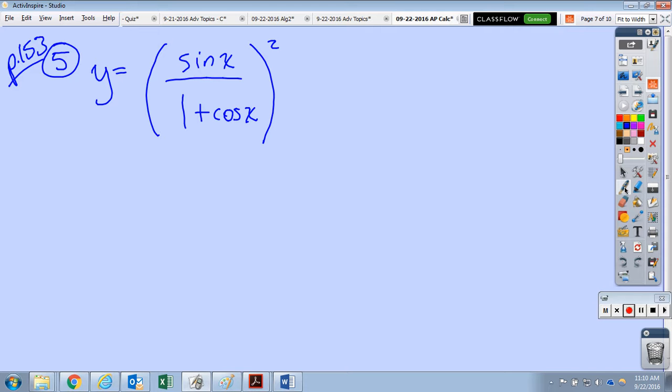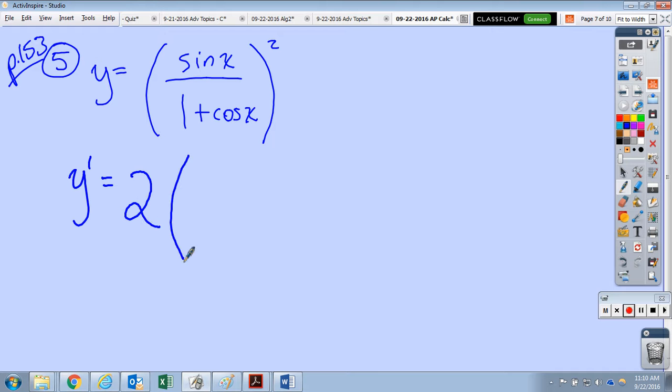Okay. So the first thing, furthest on the outside, we have this 2. This whole thing is being raised to 2. So we'd say y prime is 2 to the front.